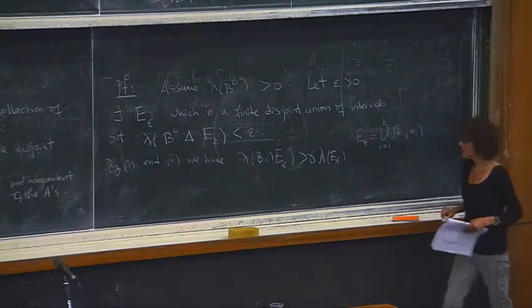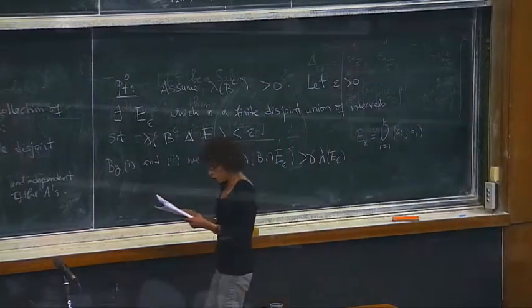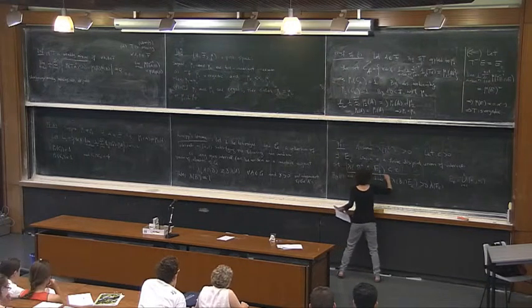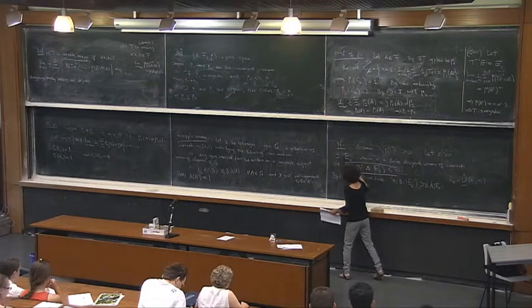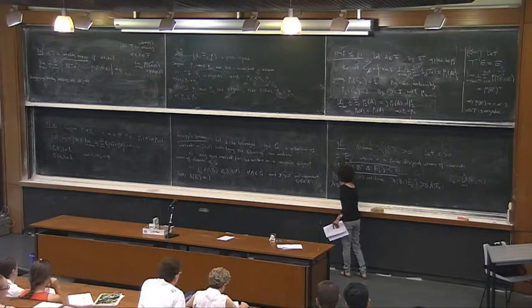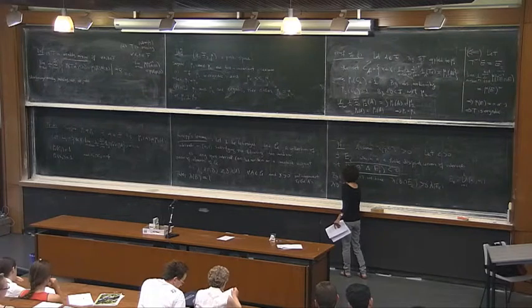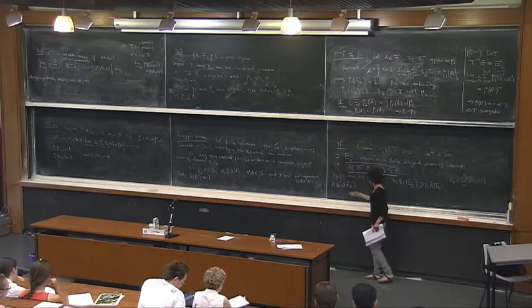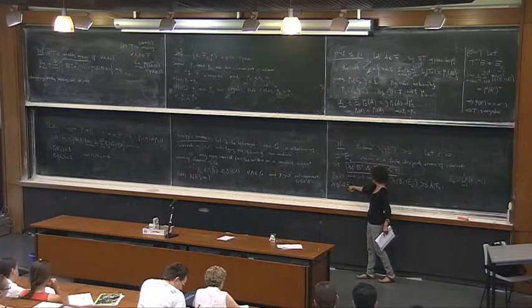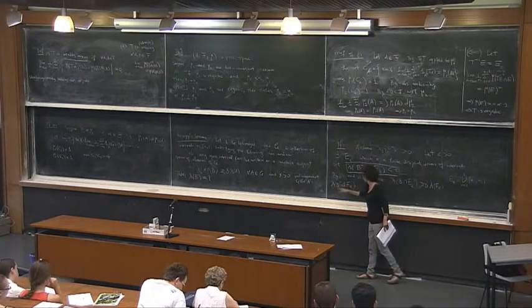Now let's come to the contradiction. I look again at this measure. Of course, the symmetric difference is B complement minus E union E minus B complement.